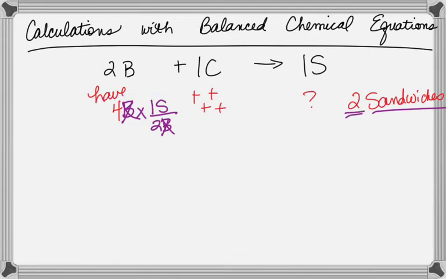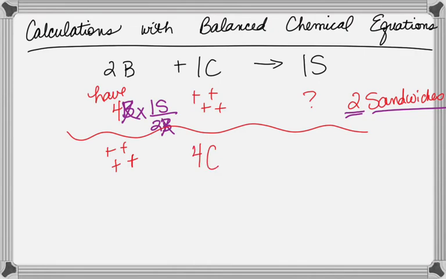Okay. Now, in a separate scenario, we're always focusing on this balanced equation. What if I told you that you have a whole lot of bread and you have 4 pieces of cheese? Then my question: how many sandwiches will you make? Is the answer still 2? If I start with 4 breads or 4 cheeses, will I always make 2 sandwiches?